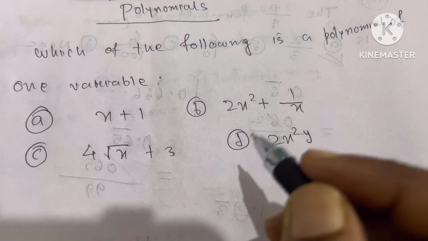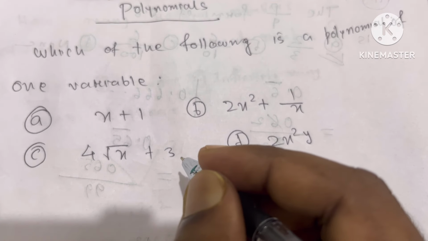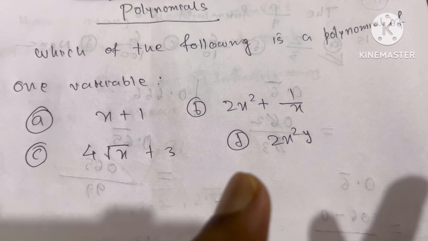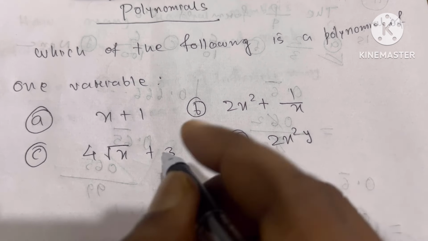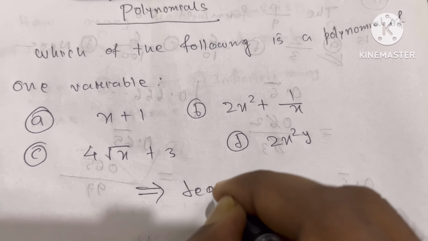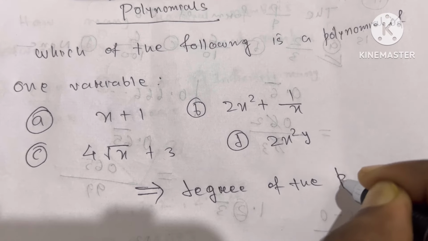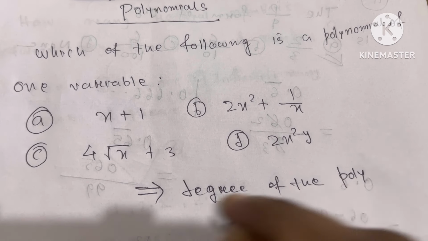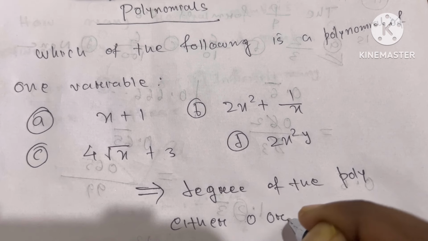Some characteristics of polynomials we have to remember, for finding whether an algebraic expression is a polynomial or not. So the first statement is: the degree of a polynomial is either zero or positive.